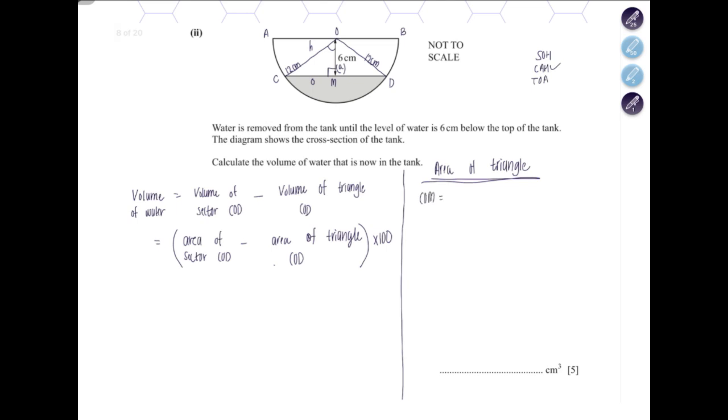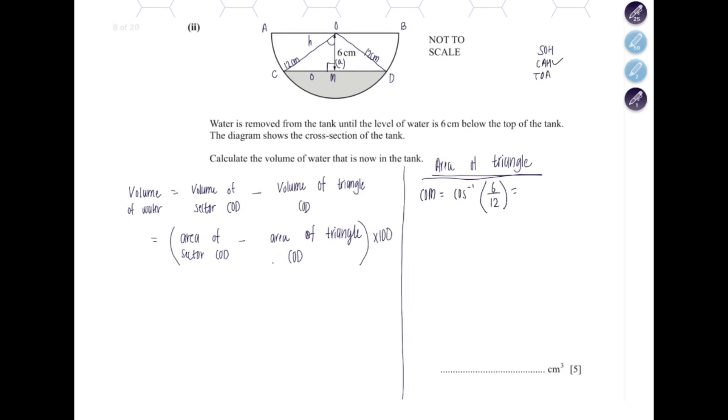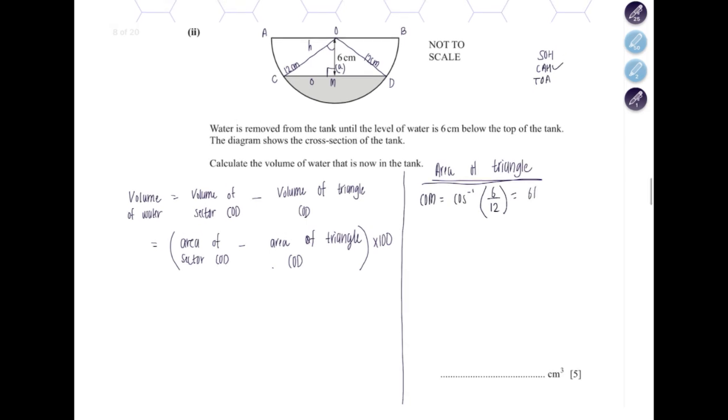COM is going to be cosine minus 1 of adjacent, here 6, divided by hypotenuse, which is 12. So COM is going to be 60. Now what is COD? COD is 2 times 60, right? That makes it 120 degrees.